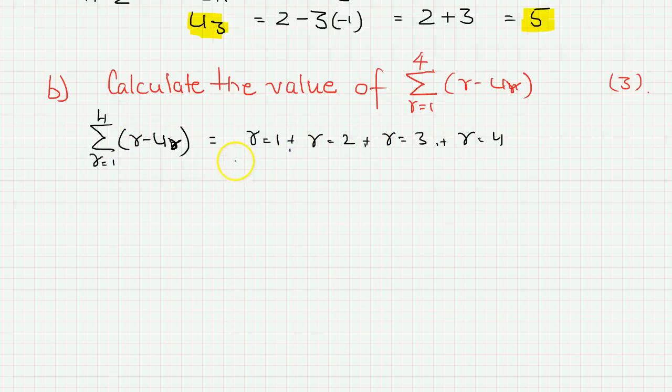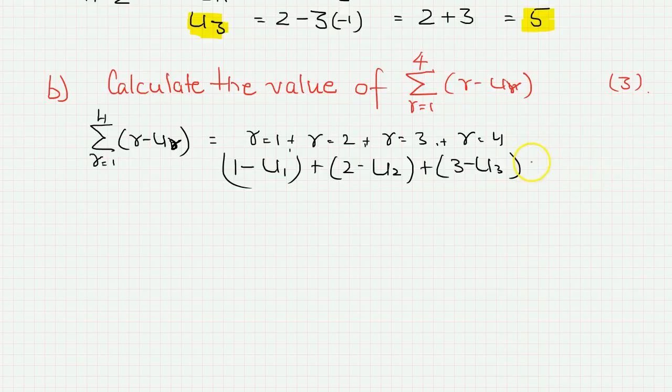So 1 minus u1 plus, this r is 2, minus u2 plus 3 minus u3 and plus 4 minus u4.